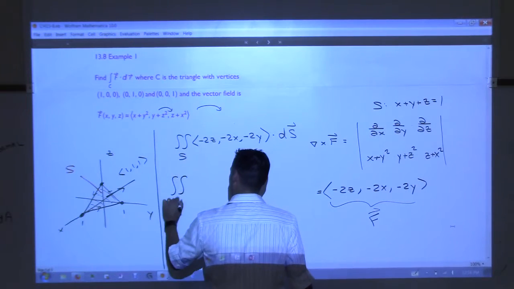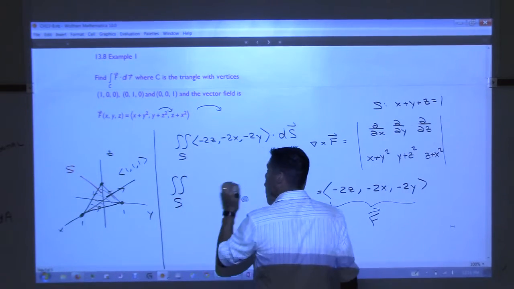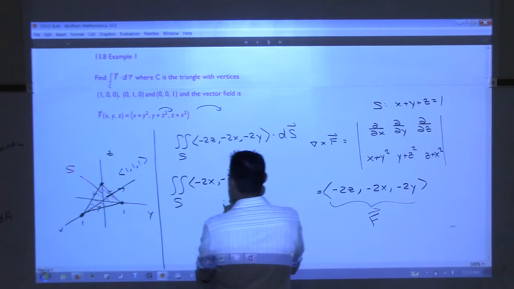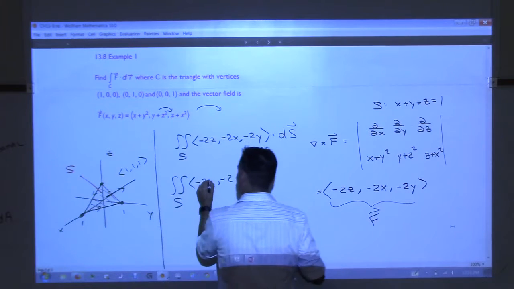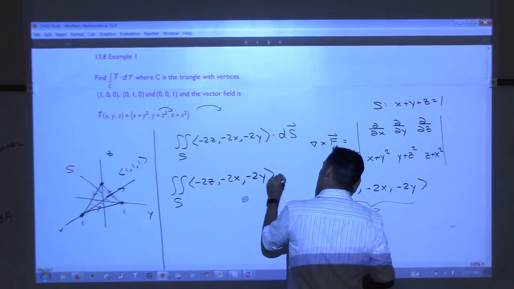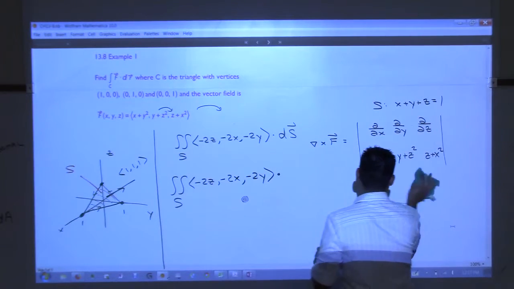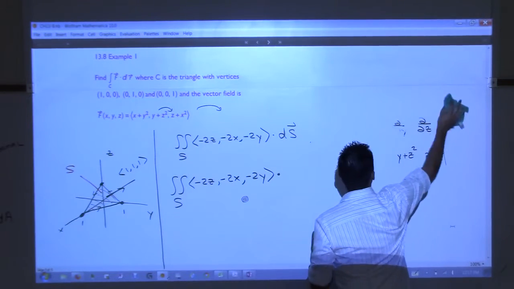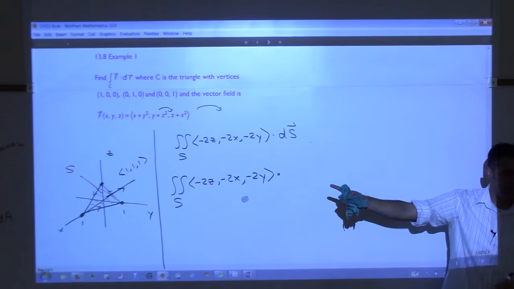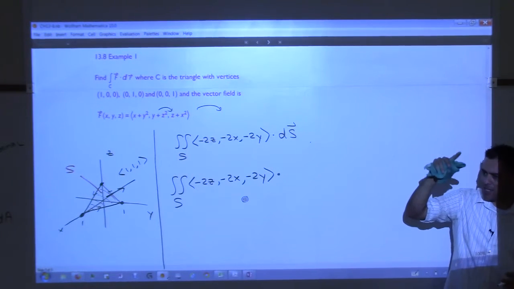Let's see. It's still the integral over S. We're going to have negative 2x, I keep on saying x and writing x, it's z. Negative 2y, and I'm going to dot that with the unit normal vector. Y'all know where the 1, 1, 1 came from? The equation, right? x plus y plus z equals 1.